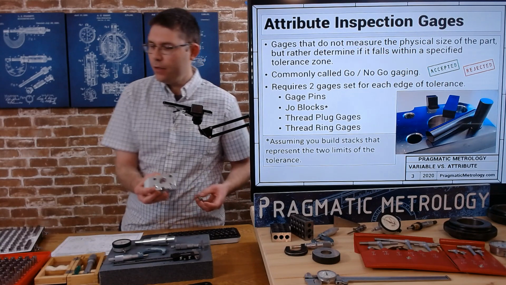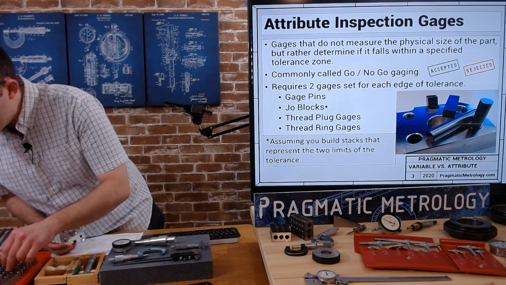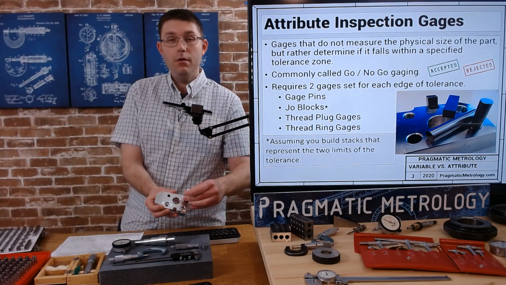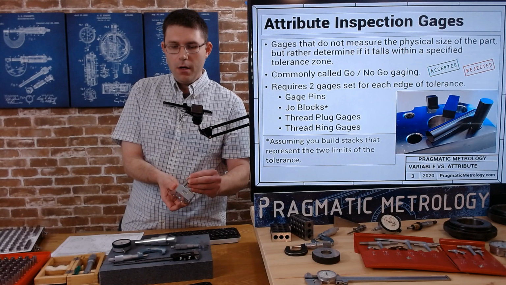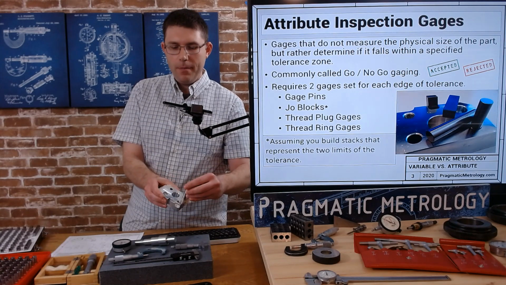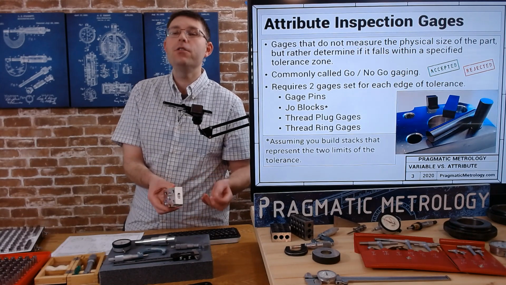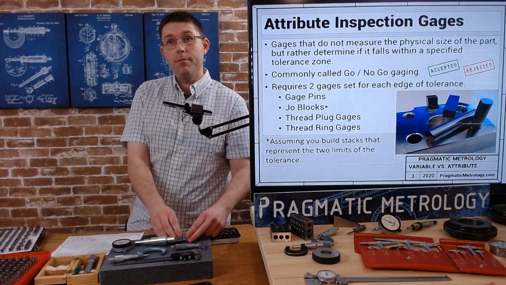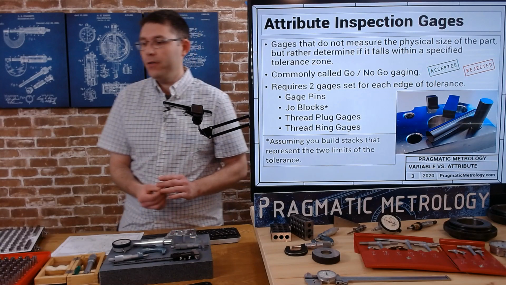No resistance. Then I'll grab the 402, see if the 402 goes in, and it doesn't even start. So I know that hole size is somewhere between 392 and 402, and that means it passes, but I don't know how big the hole is.